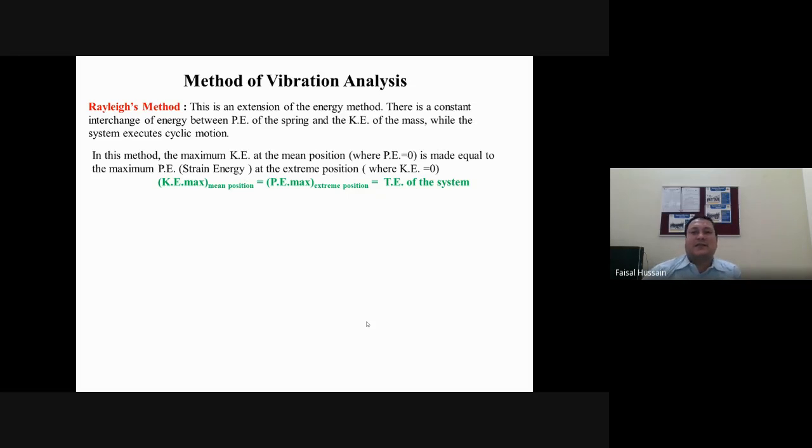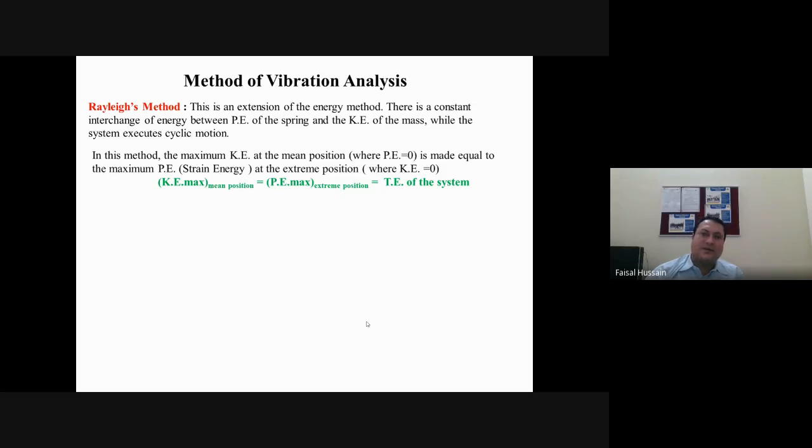This method says that there will be a constant interchange of energy between the potential energy of the spring and the kinetic energy of the mass while the system executes a cyclic motion. So during the execution of cyclic motion, continuously there will be an interchange of potential energy and kinetic energy.